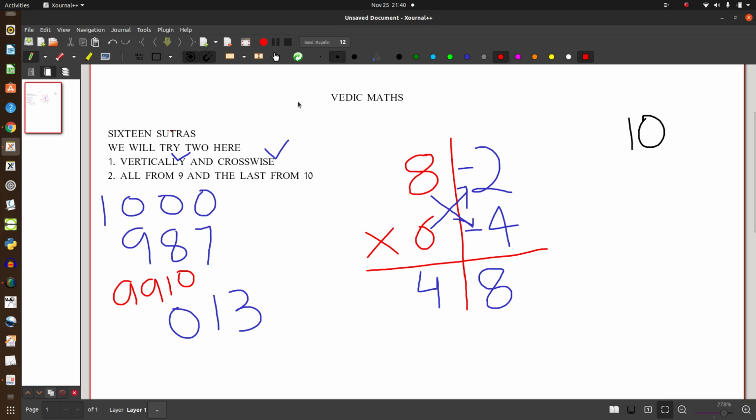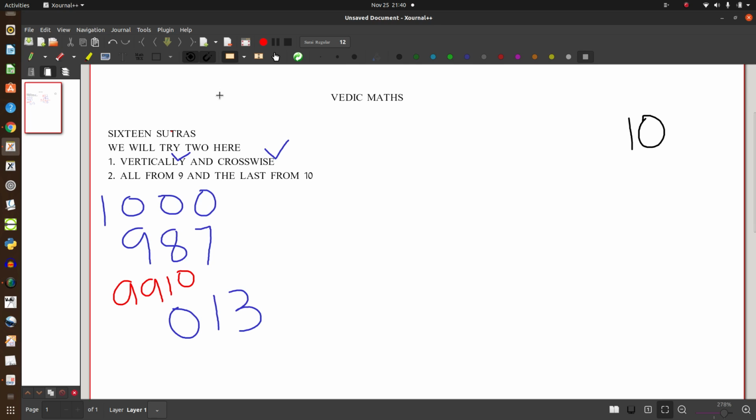So for example, let me take another example. Say I have the value 9743, and I have to subtract it from 10000.